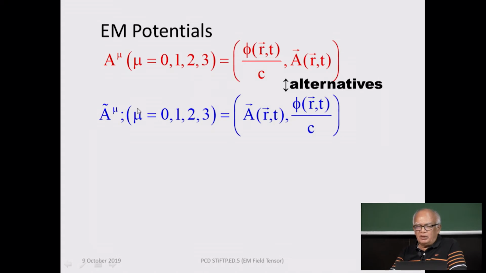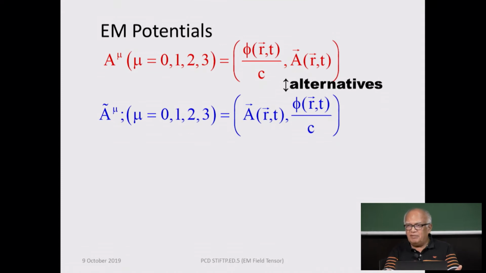We are not going to be using colors everywhere, so we cannot distinguish by colors; we need a different notation. This is without the tilde and this is with the tilde. Without the tilde you have phi over C as the 0th component, and with the tilde phi over C is the component for mu equal to 3 rather than mu equal to 0. So, these are 2 alternate representations, and you can do exactly the same analysis as we did earlier with this 4 vector.